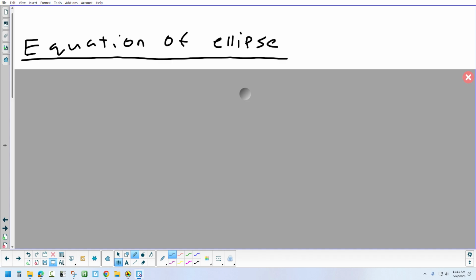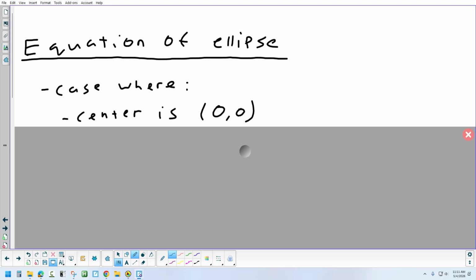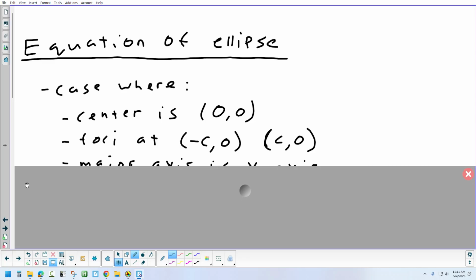But no matter which way we're doing it, whether I give you a sketch and you tell me about it, or I tell you about it and you create the sketch, you have to know the equation. So every conic section that we study, we're going to start with it at the origin. That's the simplest way to start. So center is going to be at the origin.